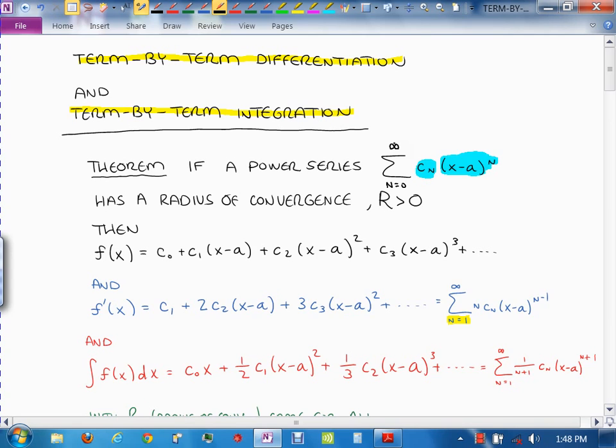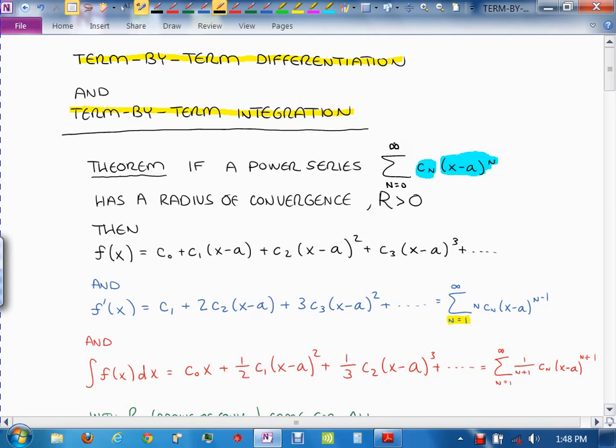First of all, you can call this power series a function, f of x. And what it is, just writing all these out. So you plug 0 in first. If you plug 0 in, what do you get? C sub 0, right? Times x minus a to the 0. What's anything to the 0? 1.